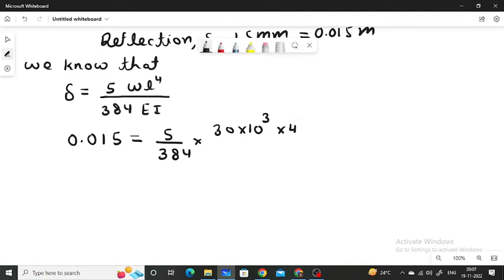Length of the beam is 4 meters divided by E into I. We have to determine this flexural rigidity E into I from this equation.